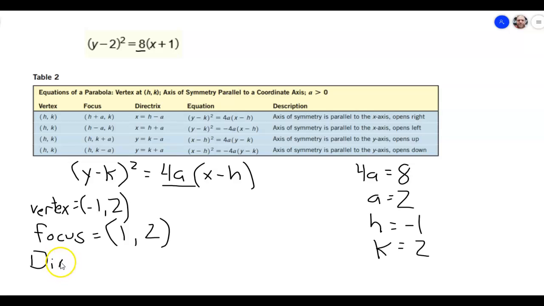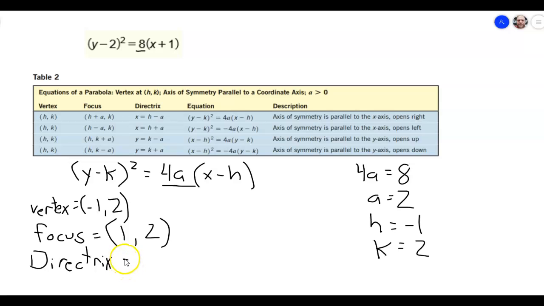Let's now look at our directrix. That is the vertical or horizontal line that is not touching the parabola. It's on the back side of the parabola. If you think of the focus being in the bowl of the parabola, the directrix is the line on the other side of the vertex. Excuse my horrible writing on this whiteboard.